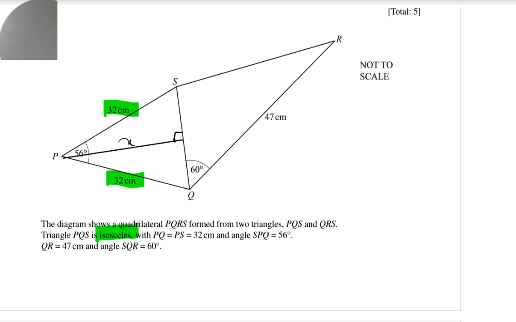Since I have SQ, either you can use Pythagoras or you can use SOH CAH TOA as well. If this was 56, then 180 minus 56 over 2 will give you these both angles. So you can use SOH CAH TOA, or you can take the half of SQ and use Pythagoras. I'm going for SOH CAH TOA.